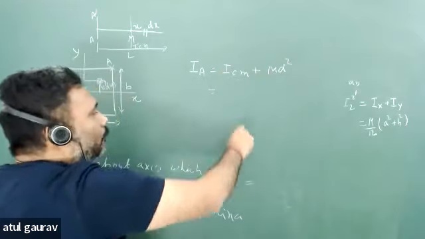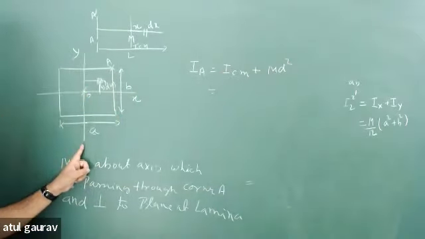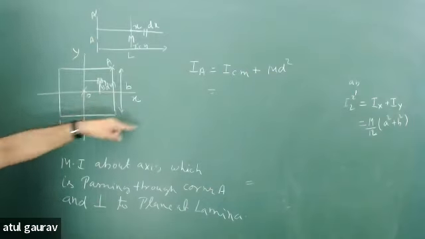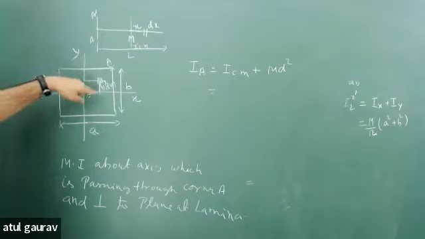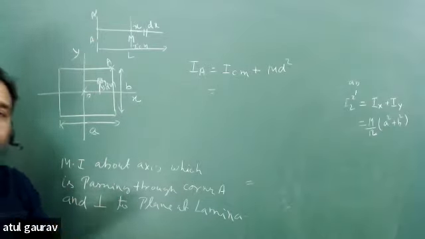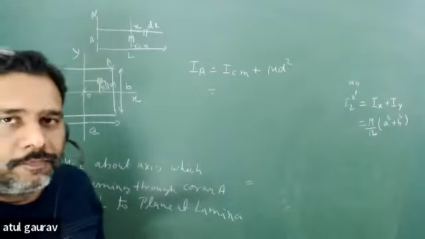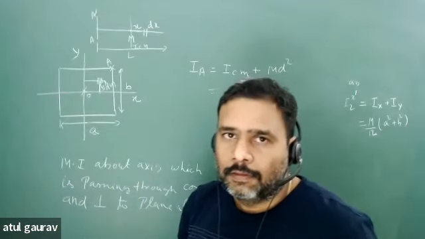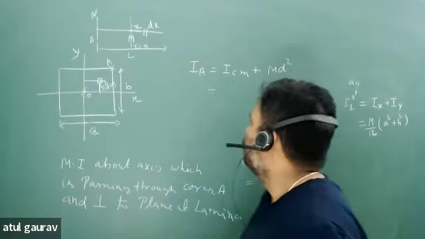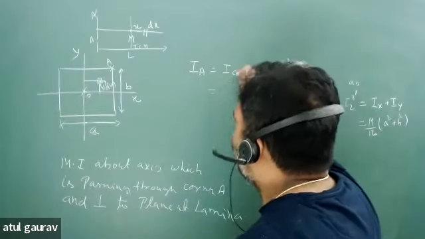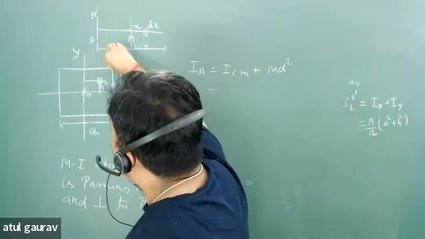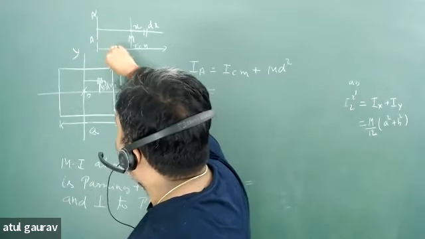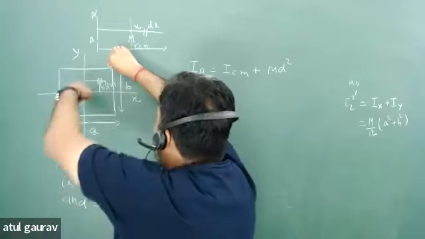And what is I center of mass? Now you can see this is also passing through the center of mass, this is also passing through the center of mass, and this is also passing through the center of mass. Which axis is useful for you depends on what you want to calculate. This is very important. So what is ICM for? If I want to calculate the moment of inertia about this axis, then I have to find ICM about this particular axis.